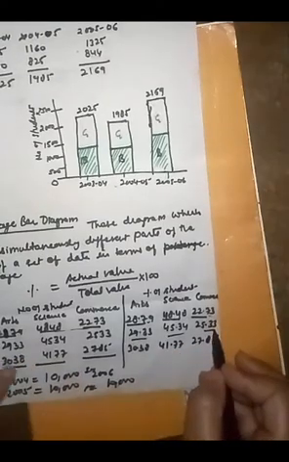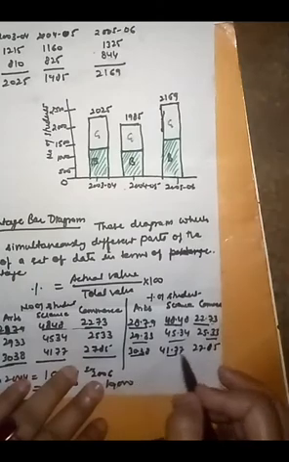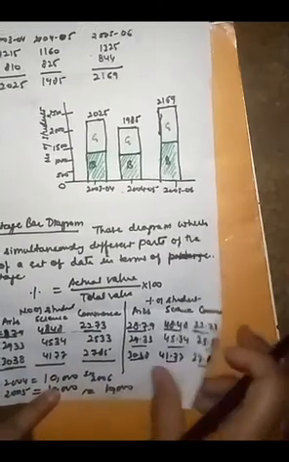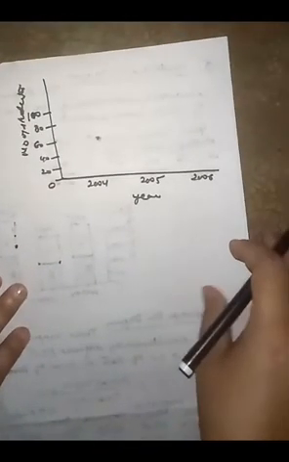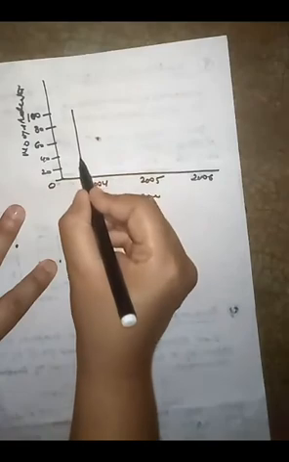If you add these values of 2005, its total is also 100, and if you add these values of 2006, it comes also 100. So the total length of each bar is 100.